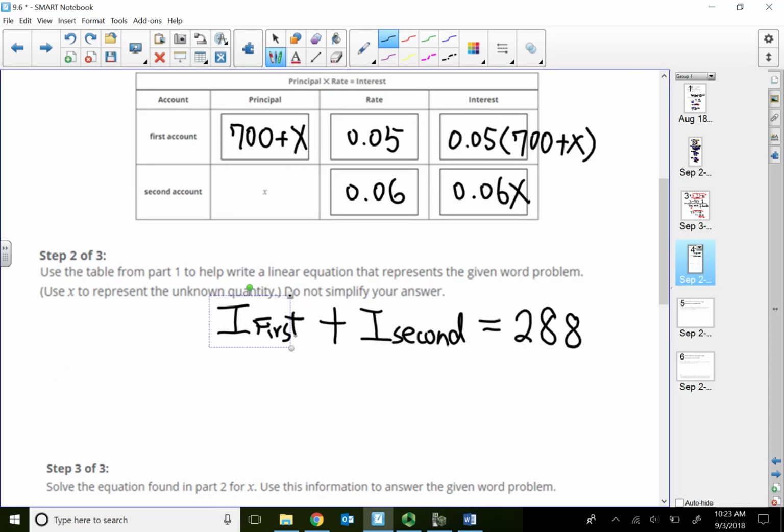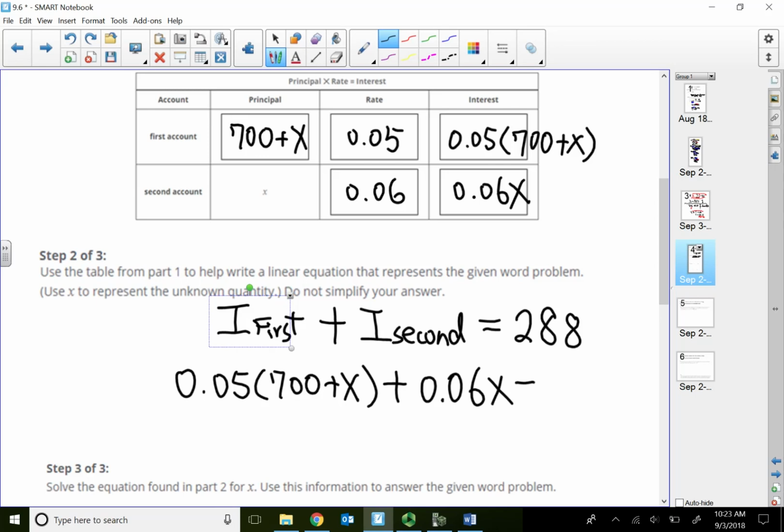So the equation is 0.05 times (700 plus X) plus 0.06X equals 288.